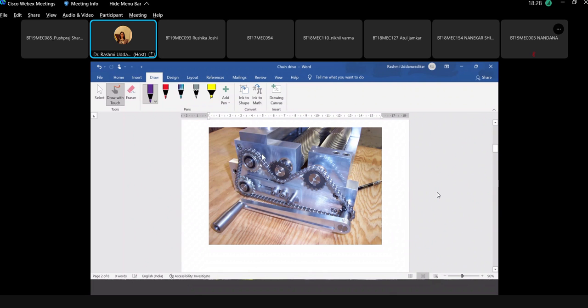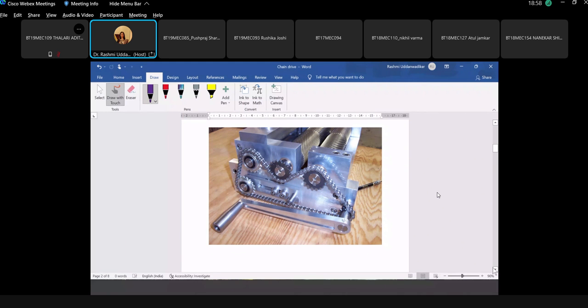And the best part of chain drive is it is used both ways. So you can have a sprocket on the inner side, you can have a sprocket on the outer side, again on the inner side. And here the angle of overlap can be less than 90 degrees also. And you see this angle is around 50 degrees, 50 to 60 degrees, or it could be even less depending upon what is the overlap.